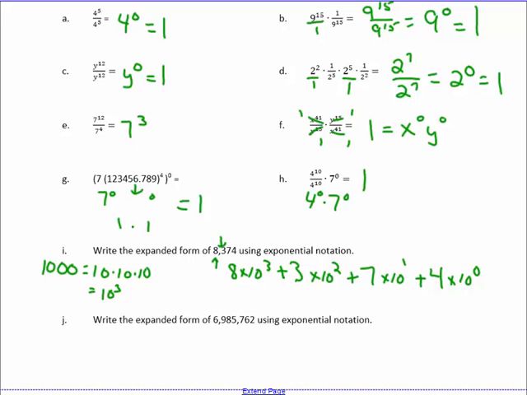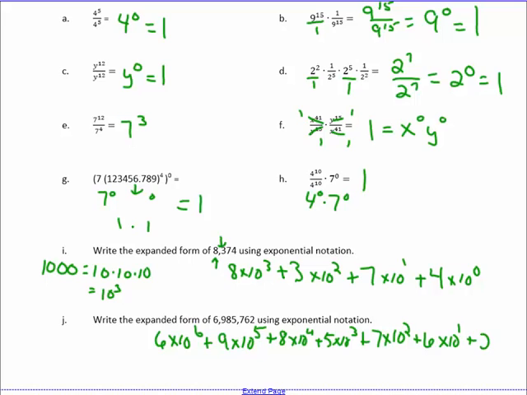So that's all that's asking you to do. And again, we're going to be using that more a little bit later. So here I have 6 million. So 6 million is 10 to the 6th, plus 9 times 10 to the 5th, plus 8 times 10 to the 4th, plus 5 times 10 to the 3rd, plus 7 times 10 to the 2nd, plus 6 times 10 to the 1st, plus 2 times 10 to the 0.